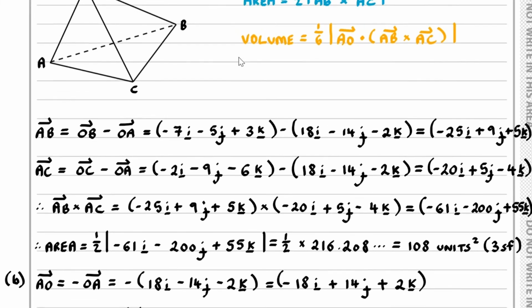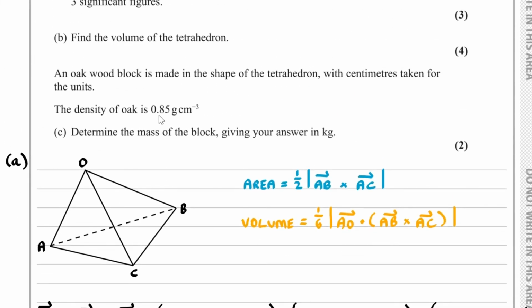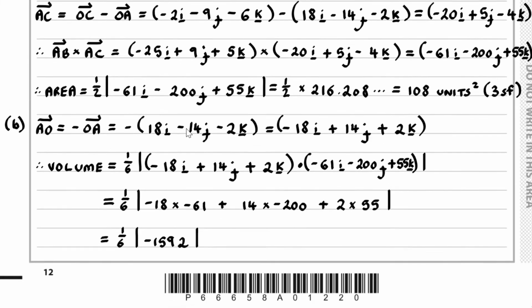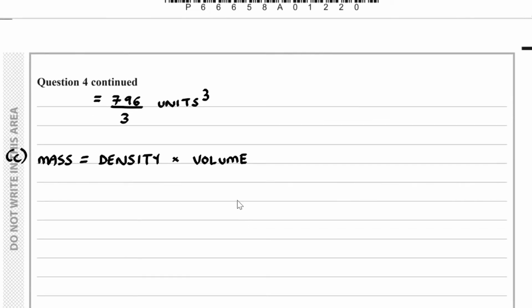Now the density is given by 0.85 grams per centimeters cubed. And what we can do is convert that into kilograms per centimeters cubed by dividing that by 1000. So we've got 0.85 divided by 1000 multiplied by 796 over 3, which is the volume, which we worked out over here.